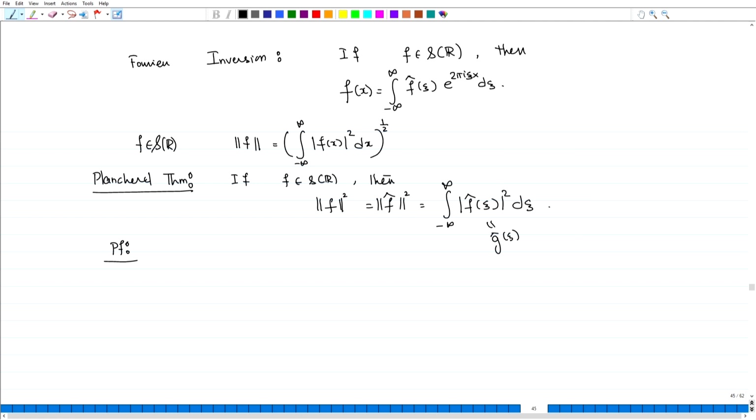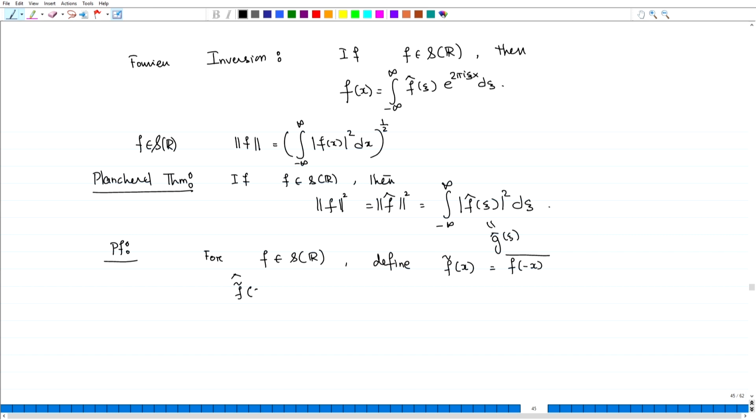So, for f in Schwarz space, define f tilde of x equal to f of minus x bar. Now, let us compute f tilde. Clearly, if f is in the Schwarz space, then f tilde is also in the Schwarz space.